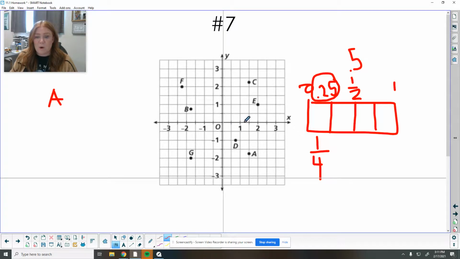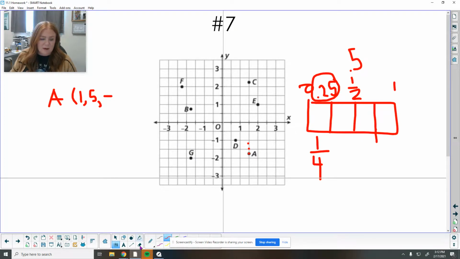So we need to go over 1.5. So we're going over to the right, 1.5. And then down, here's 1.5. So here we're at 1.5, and we need to get to, we're at this third mark here. So here's a fourth, here's a half, here's 3/4. So next we go down.